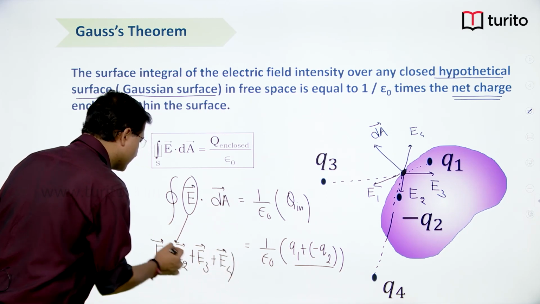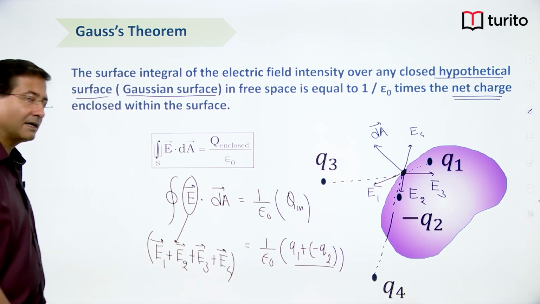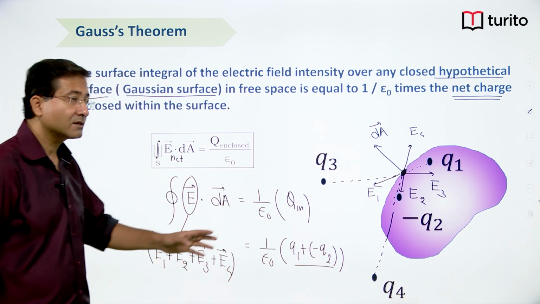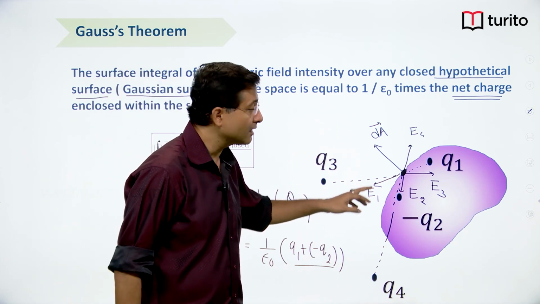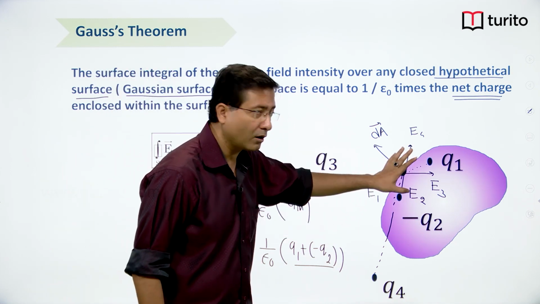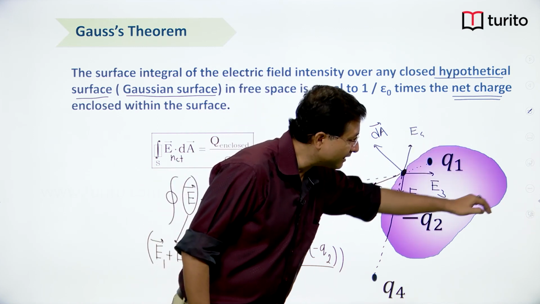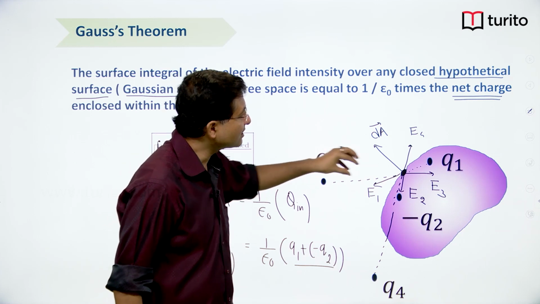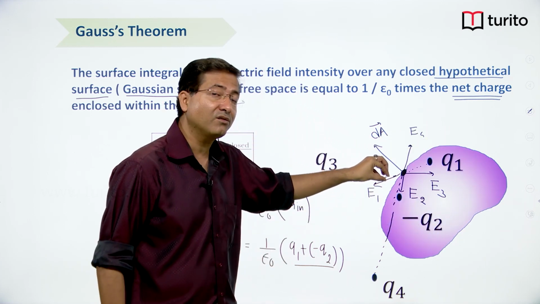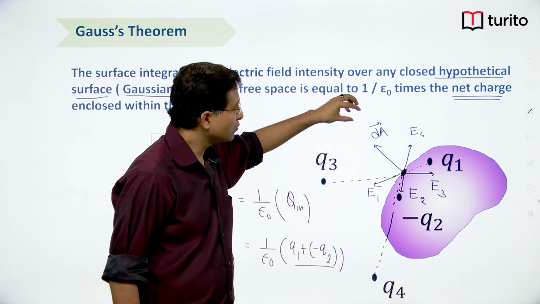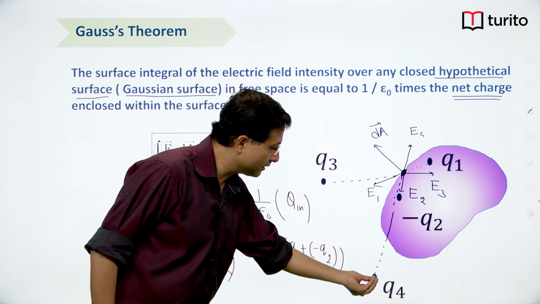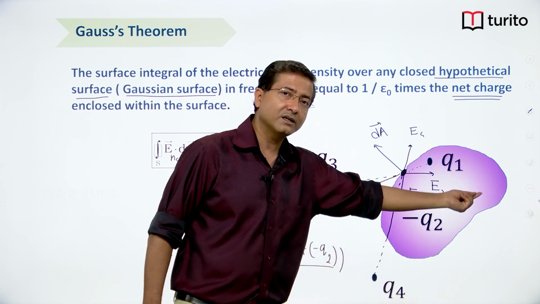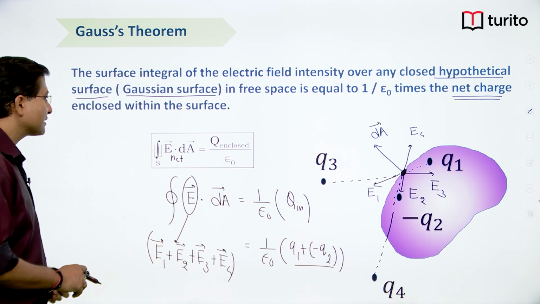So do remember that this is net field. So field on the surface will be because of all the charges, whether they are inside or outside. But when you integrate over the surface, the integral due to outside charge will give you 0, because that is representing flux and that was our first point. Similarly for this outside one, Q4, you write the field on the surface and integrate for the whole surface, you will get 0. I hope you are understanding.